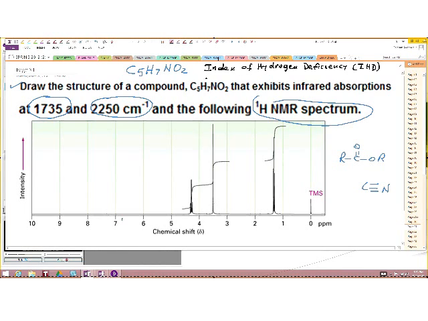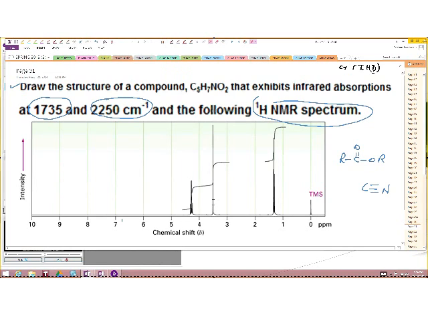Now, just to refresh your mind, the IHD formula equals the number of carbons in the molecule, minus the number of hydrogen atoms divided by 2, minus the number of halogens divided by 2, plus the number of nitrogens divided by 2, plus 1.